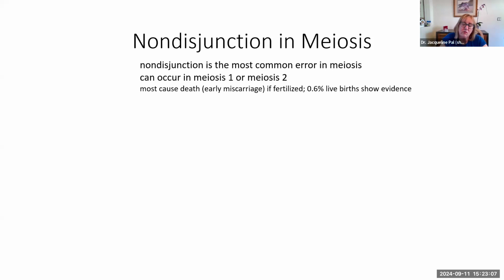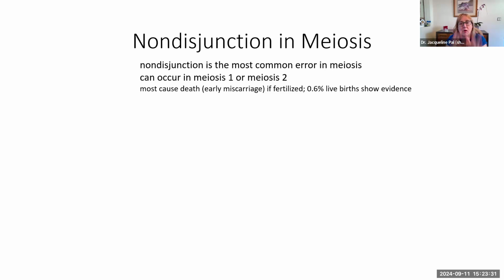Non-disjunction in meiosis is where we usually see the effects of non-disjunction, because here we are making errors creating gametes. And so we're going to see the results in offspring. Also, because we have 2 divisions, we've got twice the chance to have these errors occur.